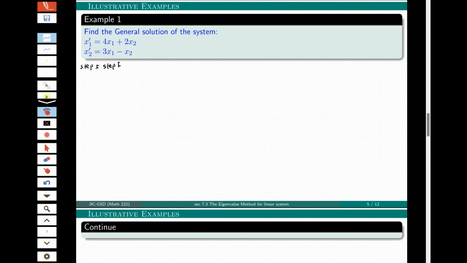Step 1: use A, which is equal to 4, 2, 3, minus 1, to find eigenvalues and eigenvectors.